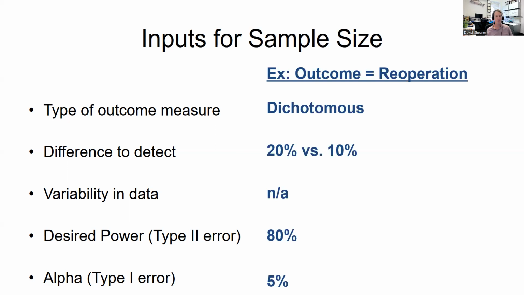There's no standard deviation that we have to think about, which is nice. The power, as I mentioned, is typically 80%, and the standard for the alpha is 5%. So those inputs, generally speaking, are pretty consistent regardless of the study. These are the standards. Some people would argue you should have 90% power, but the general minimum is 80%. The general standard for alpha is 5%.